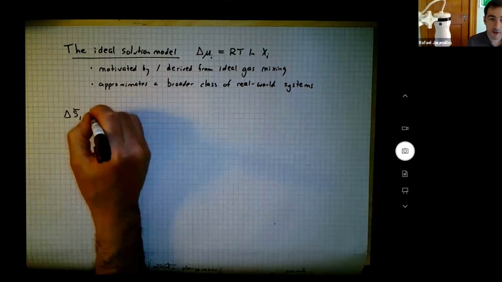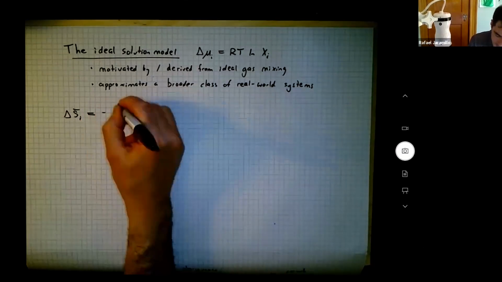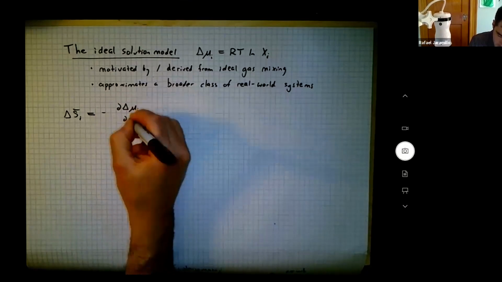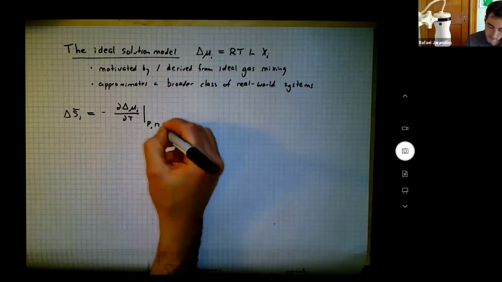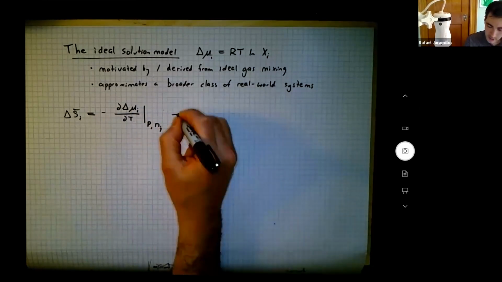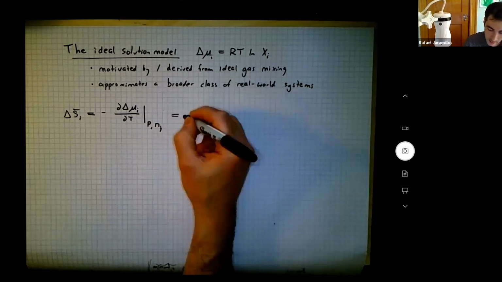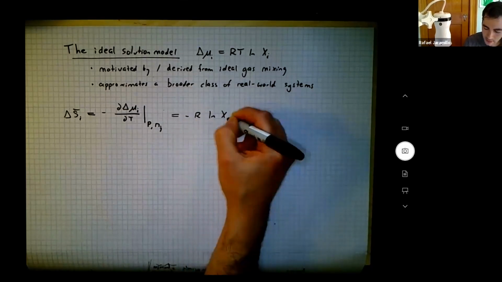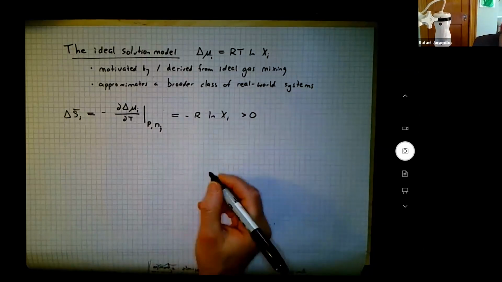The partial molar entropy of mixing. We can get this from the combined statement. And this derivative is really easy. It's just the partial with temperature of this thing. And we have minus R ln x of I, and this is everywhere positive. That's good. So entropy of mixing is positive.